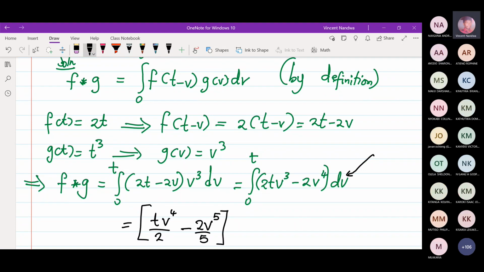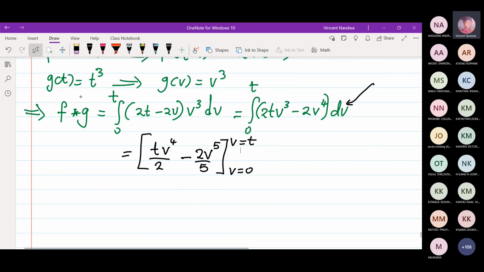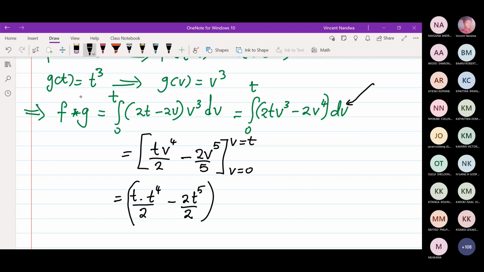And then remember, v is moving from 0 to t. When you put in the upper limit, where there's v, you put t. So you'll have t times t power 4 over 2 minus 2t power 5 over 5, minus, where there's v, you put 0, so t times 0 power 4 over 2 minus 2 times 0 power 5 over 5.